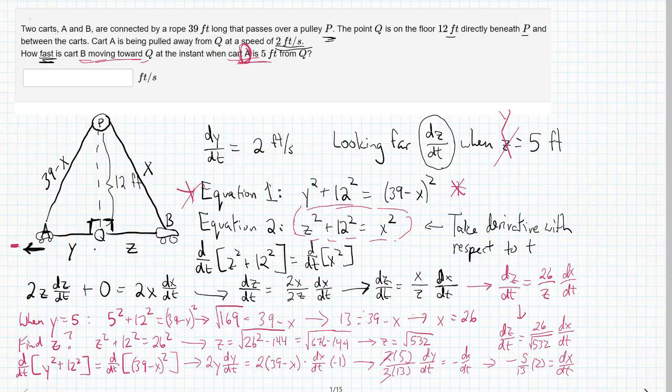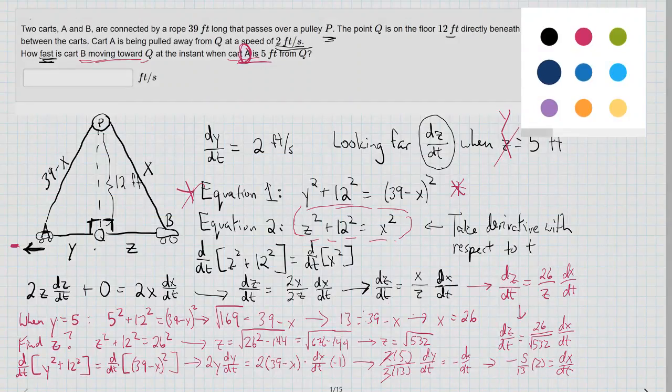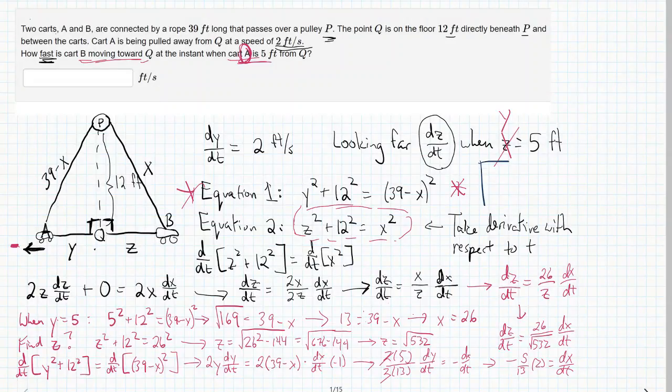So this gets us ready for that final answer, and hopefully I can fit it on the page here somewhere. So we have, with our final piece, dz dt equals 10 over 13.